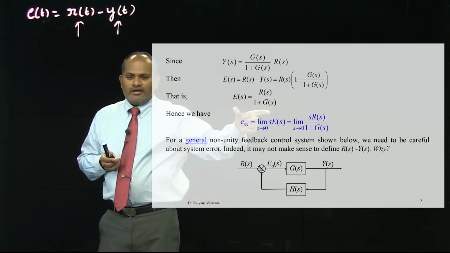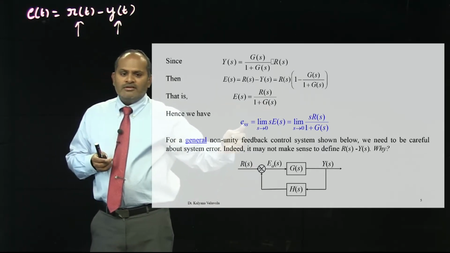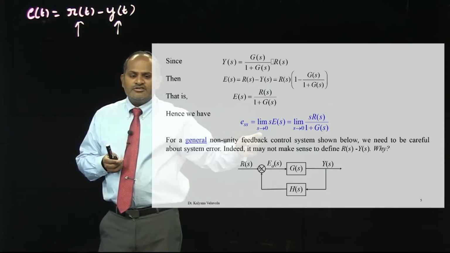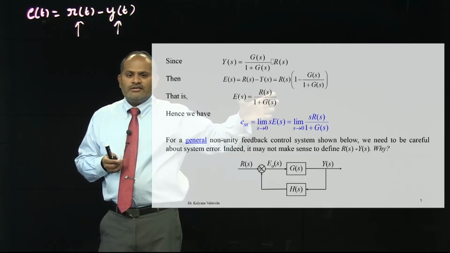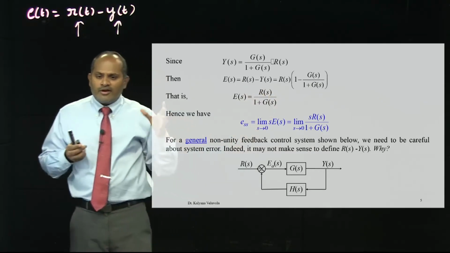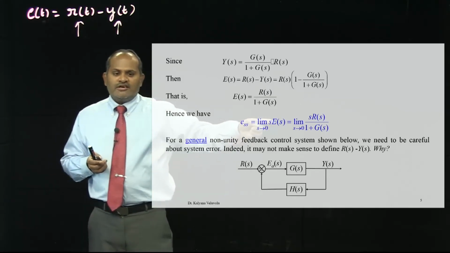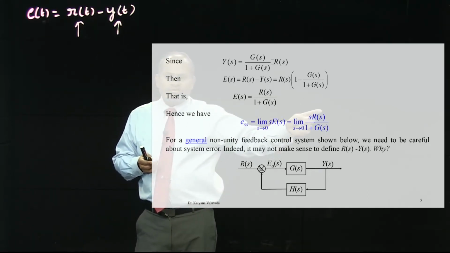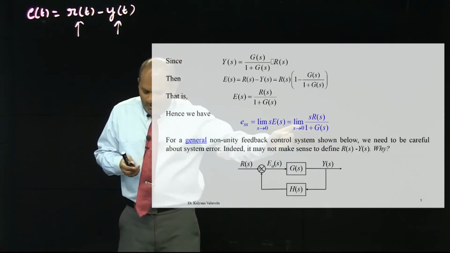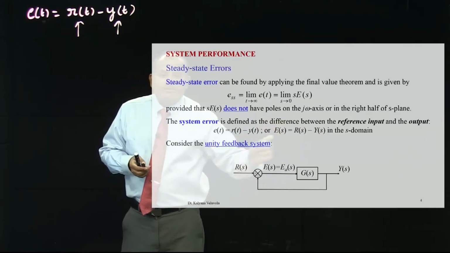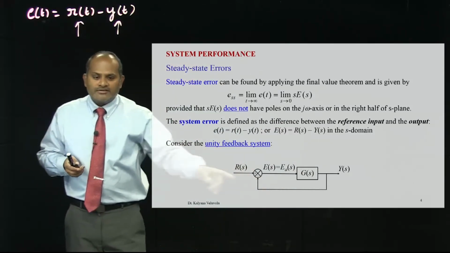This is called error dynamics. Hence, the steady state error is limit s tends to 0 s into E of s, which is limit s tends to 0 s into R of s by 1 plus G of s. This is only defined for unity feedback systems. Very important, only for unity feedback systems.